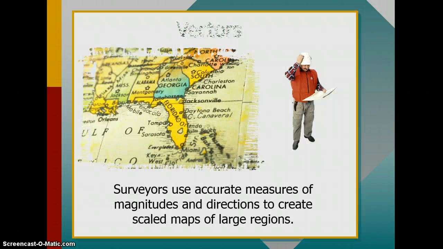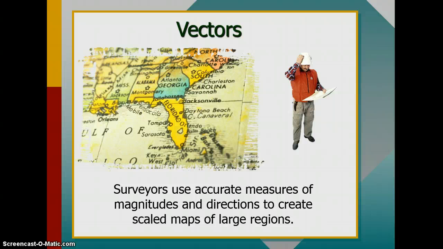When talking about vectors, for example, surveyors use accurate measures of magnitudes and directions to create scale maps of large regions. All right. We could not imagine if we drew each piece of land and tried to find a lot of measures. It would be impossible, right?